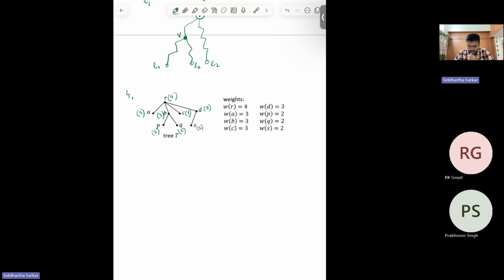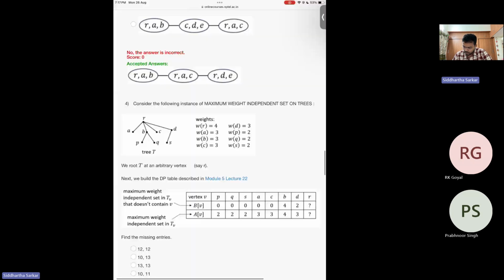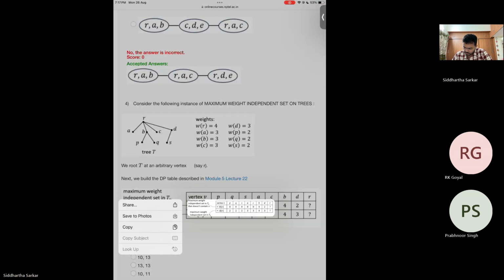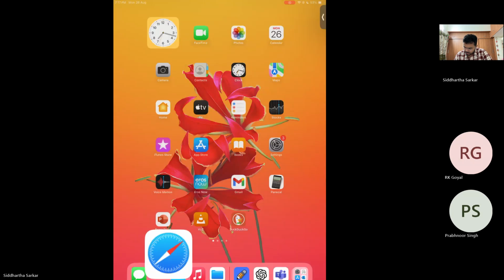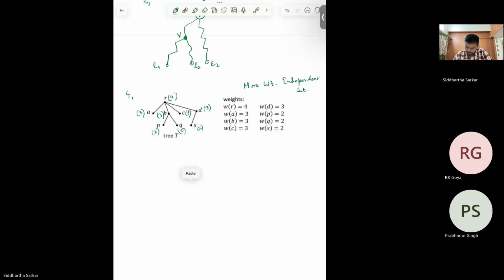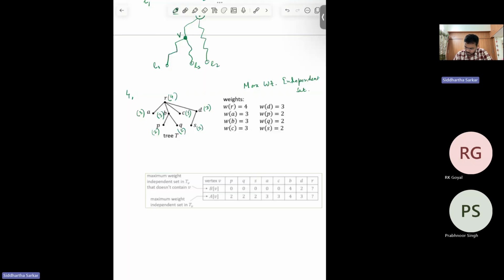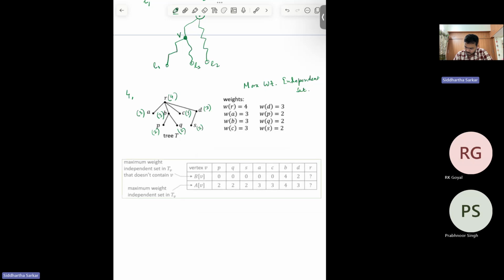You want to find the maximum weight independent set. We can do that by looking at the figure, but there's a systematic DP to do it. So this is the use of DP.